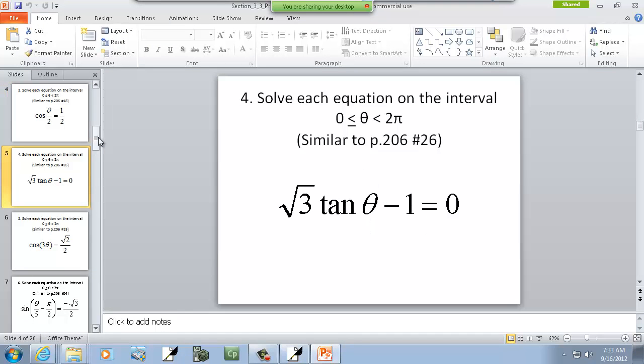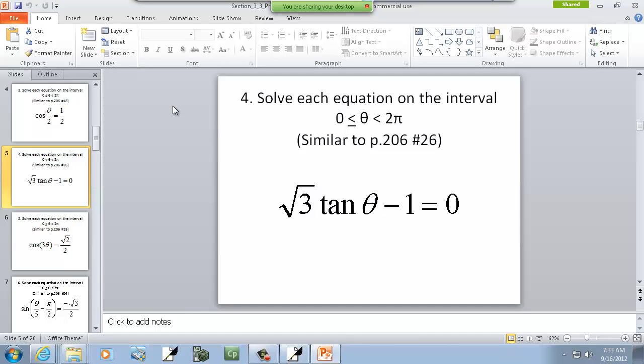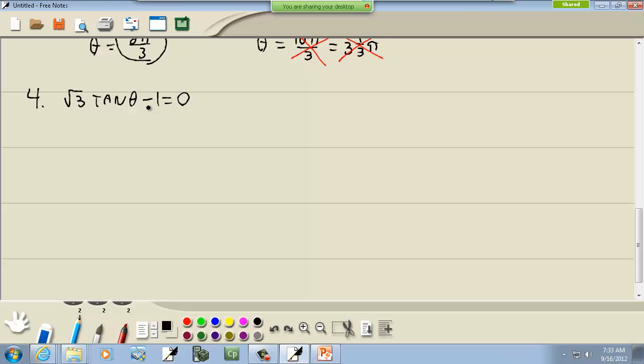So let's look at our fourth one here. This is minus 1. And we're looking between 0 and 2 pi again. Okay. We want to get the trig function by itself. So I'm going to take negative 1 over to the right side. And then we get square root of 3 tangent theta is equal to 1.